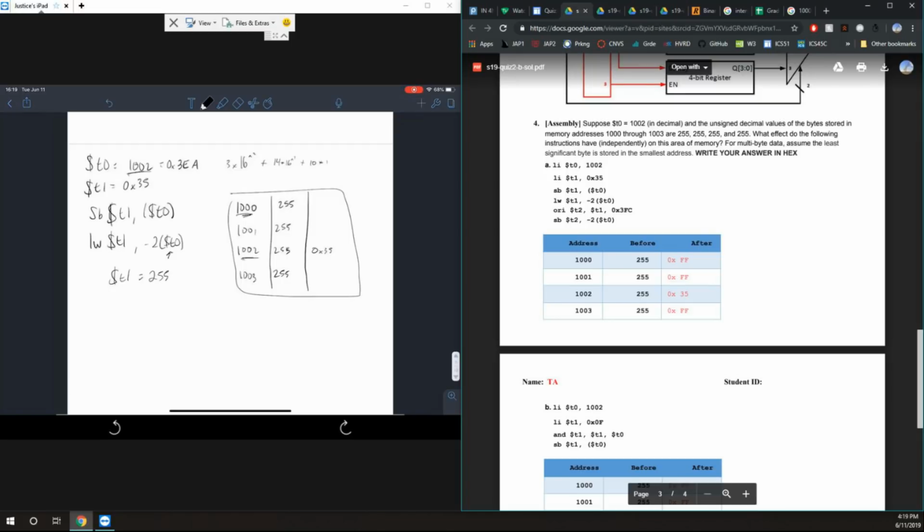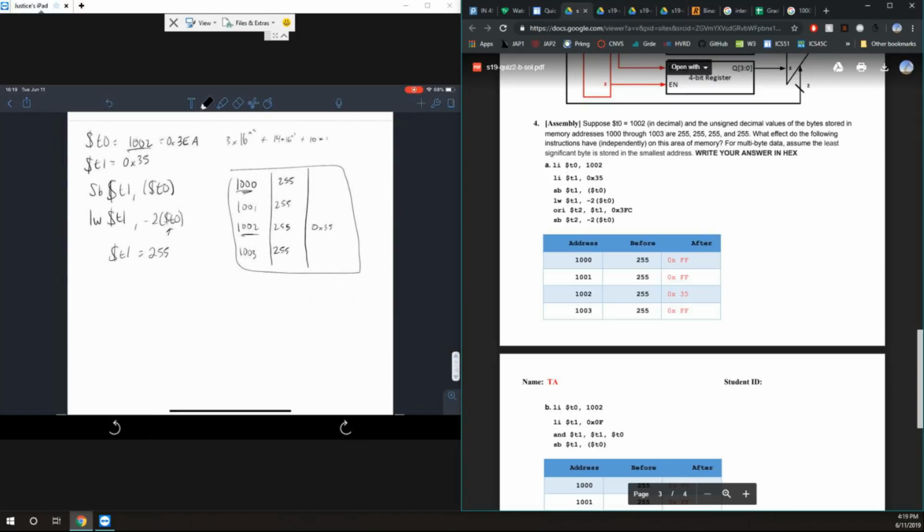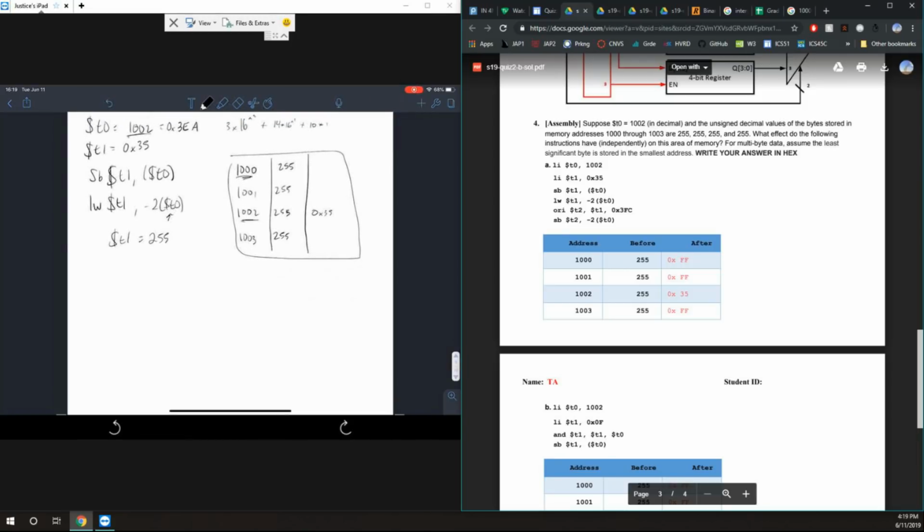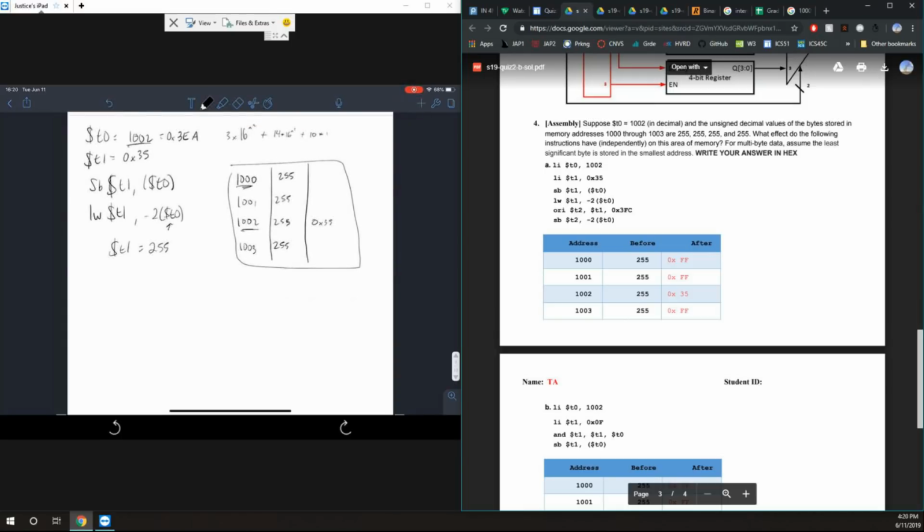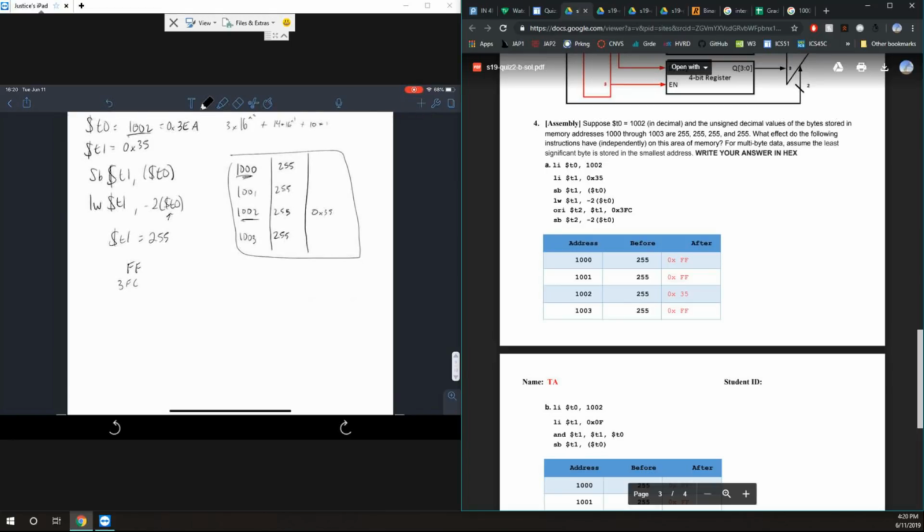From there, the next one says ORI, so we OR it immediately with 3FC. It says OR T2 with T1 and 0x3FC. T1 we said equals 255, which is FF, and this is 3FC, so this turns into 3FF, if I'm not mistaken. Is that right?